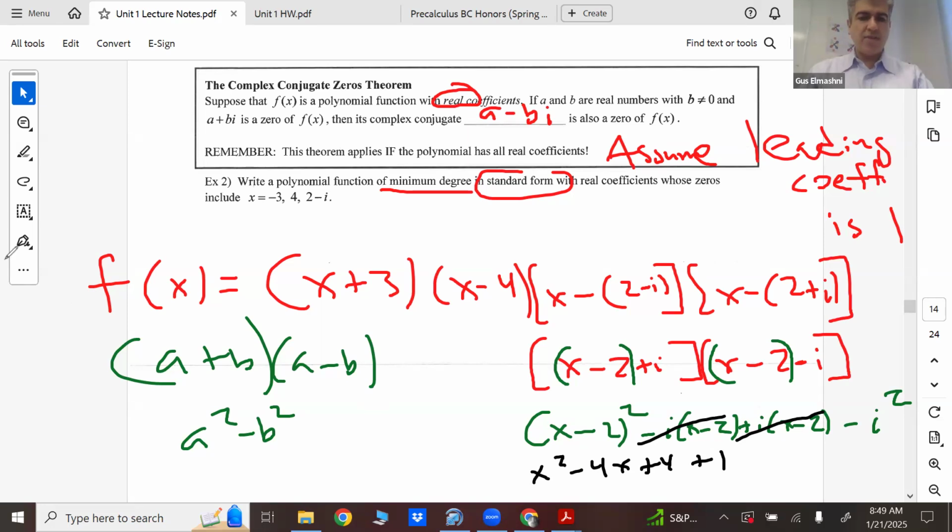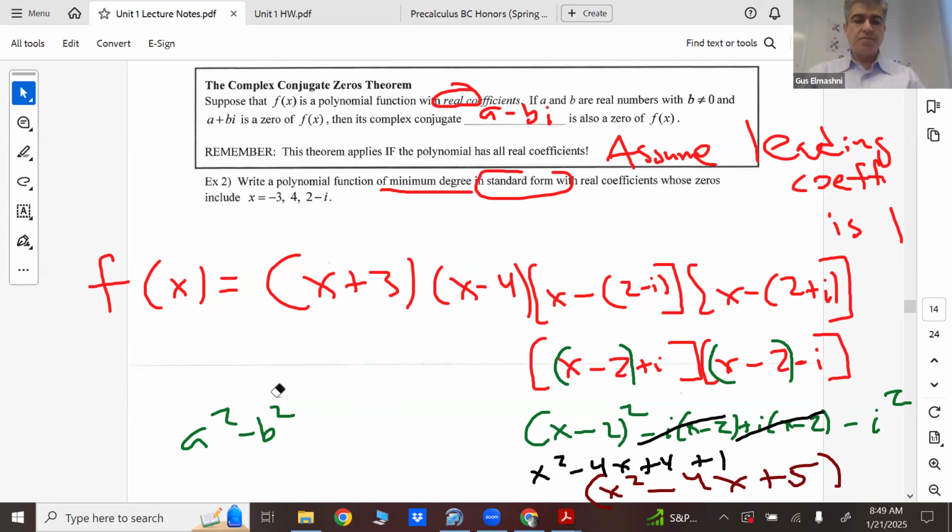Let me change colors so you guys can see a little better. Is that okay? Okay, what about the other group here? What's that going to be? I'm just going to kind of go fast. Does that make sense?